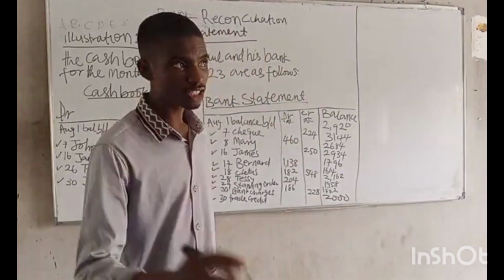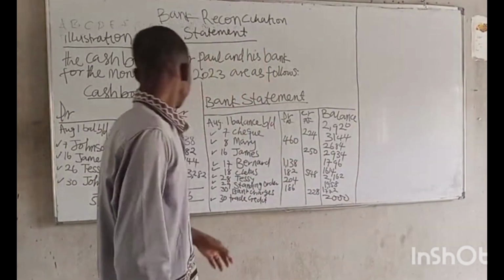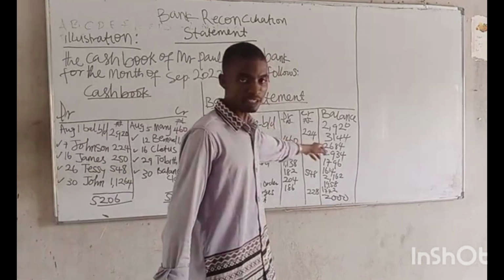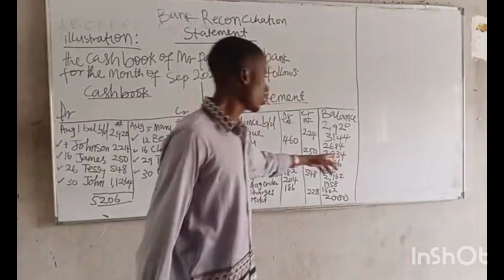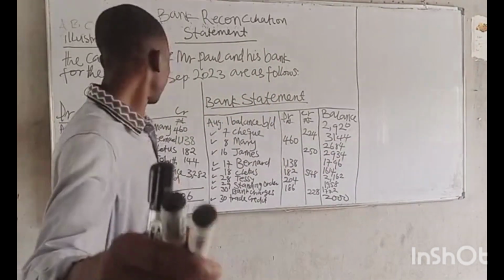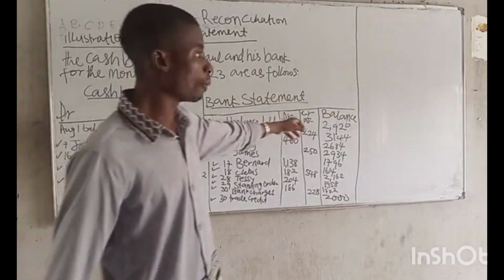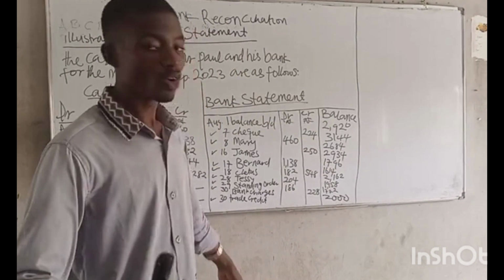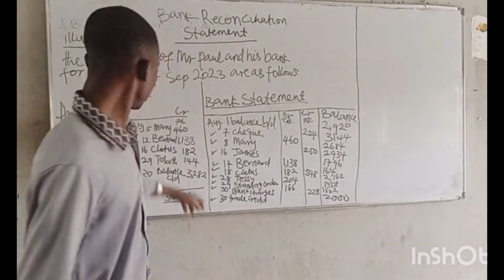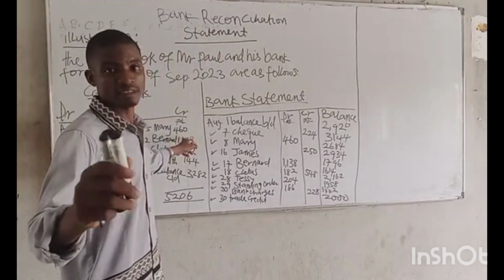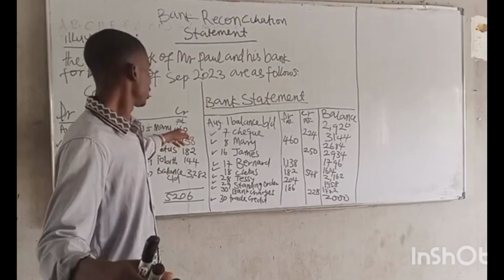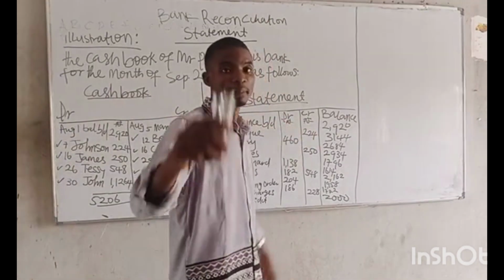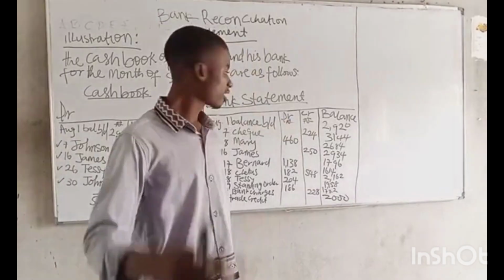The first approach is for you to compare the debit side of the cash book with the credit side of the bank statement. Any transaction that appears on the cash book that does not reflect in the bank statement represents an uncredited check, while any transaction that appears on the credit side of the cash book that does not reflect in the debit side of the bank statement represents an uncredited check.